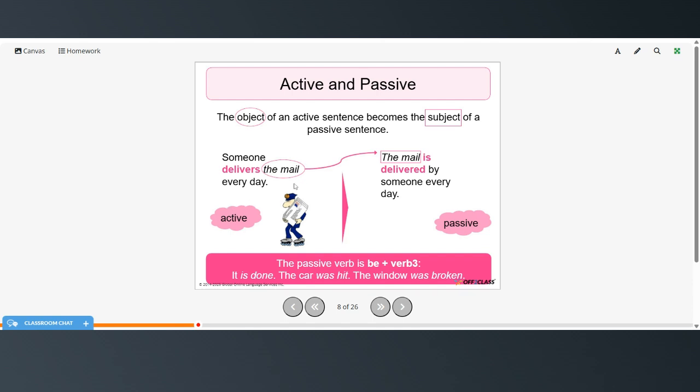The mail is the object. So to write that sentence in passive voice, the mail becomes the subject and then is delivered by someone every day. And the passive verb is the to be verb plus the third form of the verb. It is done, the car was hit, the window was broken.